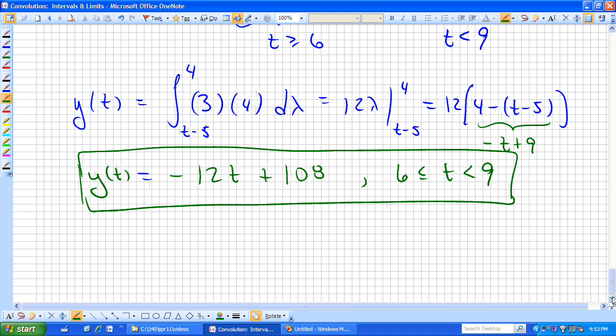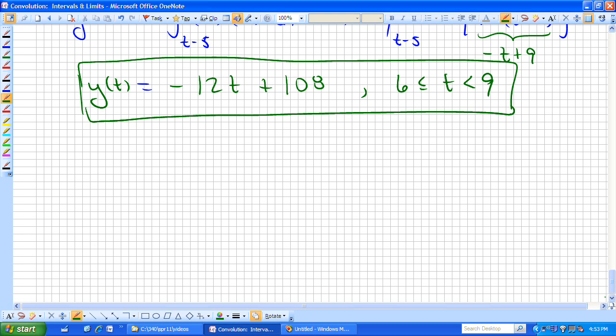And that's another functional form. This is the interval from 6 to 9, and this is the functional form for y of t. Now we have a negative sloping straight line, and if you check these different endpoints at t equals 6, if you plug that in as a check, that better equal what you just obtained for the previous overlap pattern. When we were between 5 and 6, we had a value of 36.